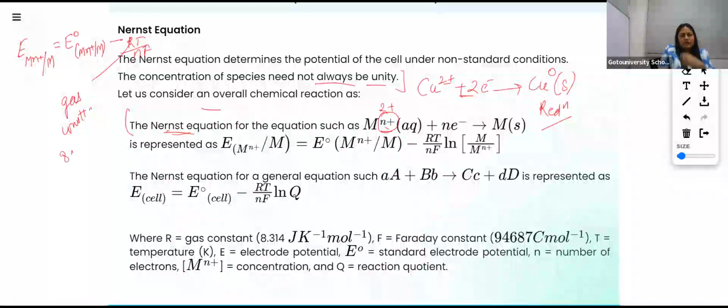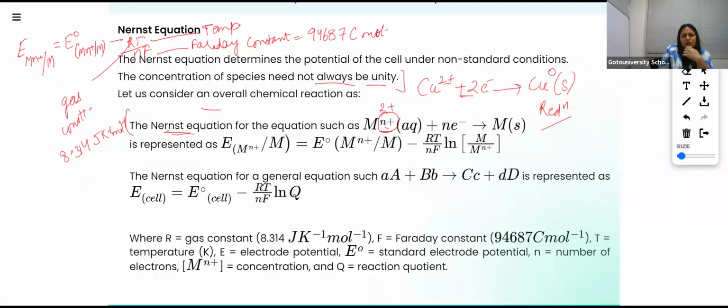The value of the gas constant is 8.314 joule per Kelvin per mole. T is for temperature. It is generally equal to 298 Kelvin, and many times it is given in the question. F is Faraday's constant, and the value of Faraday's constant is 96487 coulomb per mole. These are all mentioned here.